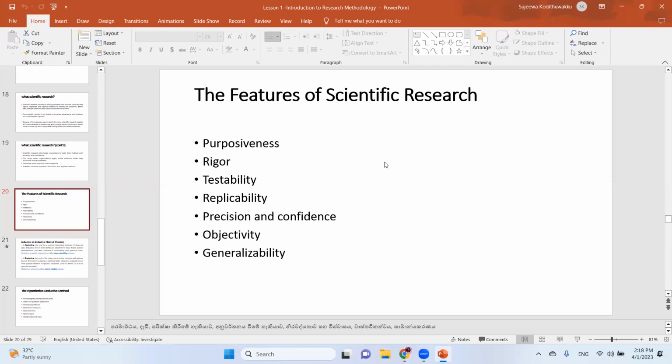So if you conduct research for, let's say, customers of Kandy district, then definitely you can apply it for the customers of the Colombo district, if you use scientific method, right? Otherwise you can't do. That's the thing. If it's a scientific research, at the end, you can generalize the results for all the similar type of environment. So these are features of scientific research. Please try to memorize these features, right?